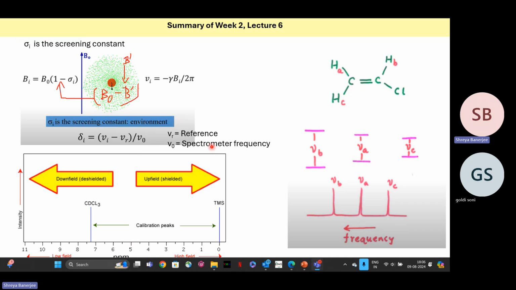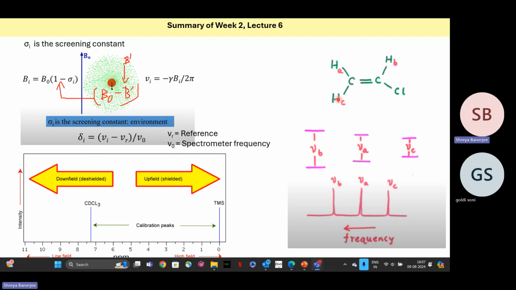And dividing that by the spectrophotometer frequency nu 0, you get the value of delta i, or chemical shift. If the delta i is greater, that means it is said to be more downfield shifted or deshielded. And if the delta i is less, it is said to be upfield shifted or more shielded.